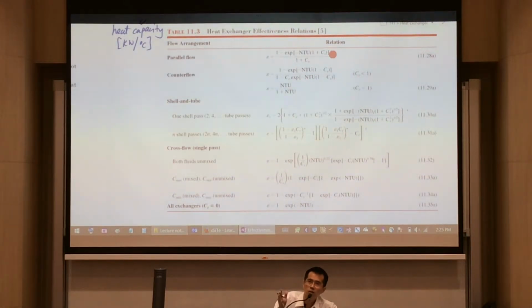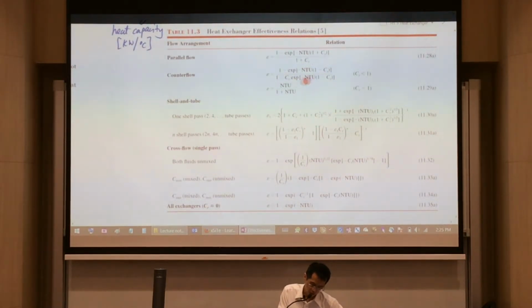I see that this year, the Glasgow decided not to have you do the calculation, but to look at graphs and do that interpolation to find out what is the value of effectiveness. And I'll walk you through how to do that.